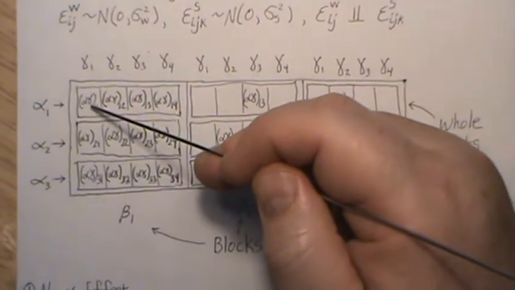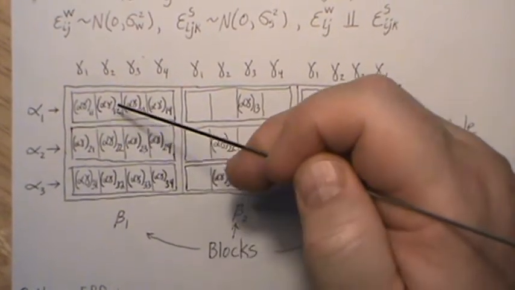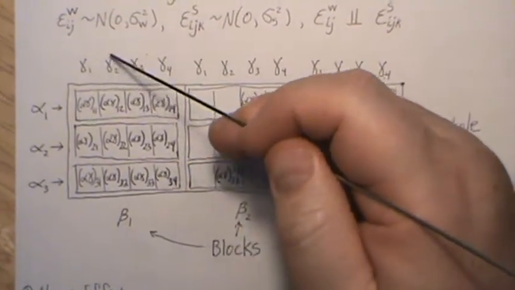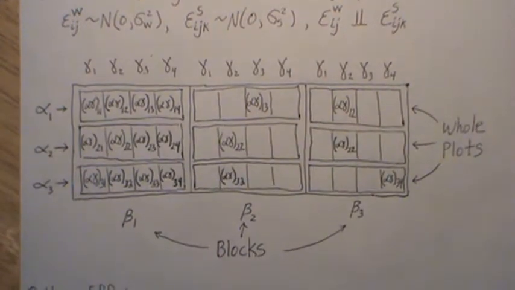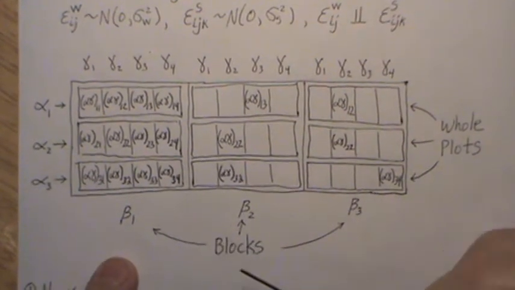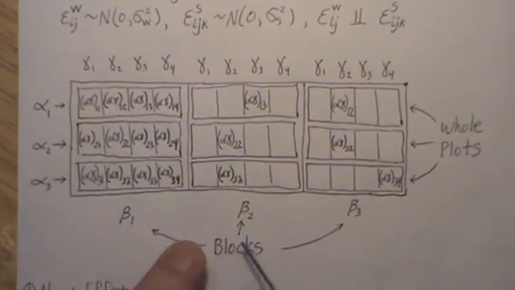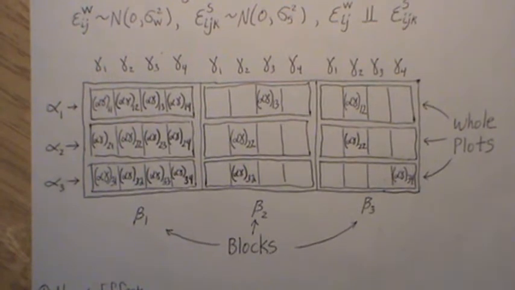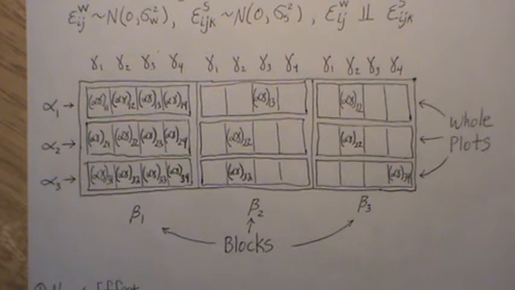But isn't that the same as saying that the average of these interaction terms has to equal the average of these interaction terms, for gamma 1 to equal gamma 2? And the answer is yes. Now, to test block, which we usually don't do, this block has to equal this block, which has to equal this block, so that they all equal some grand mean, the beta mean.